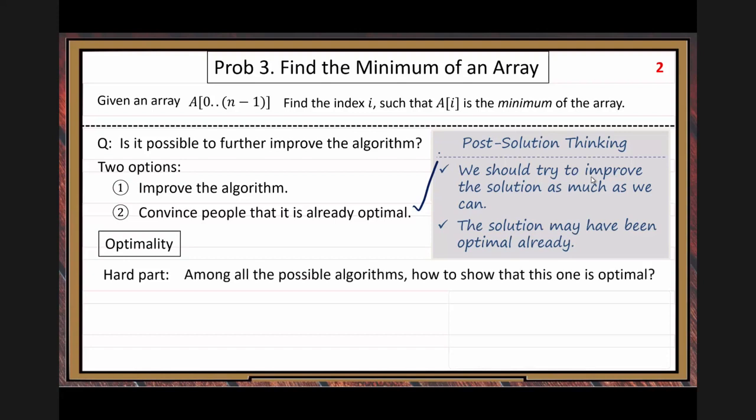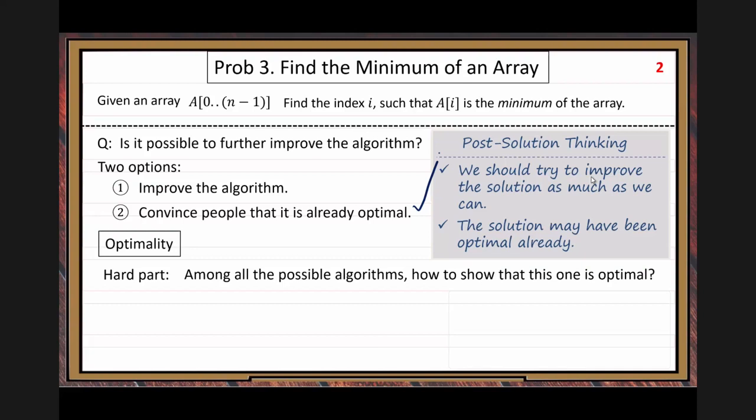Let's see what we need to do in order to convince people this particular solution is already optimal. We need to understand that question first. The hard part, we need to consider among all possible algorithms. How do you show optimality?